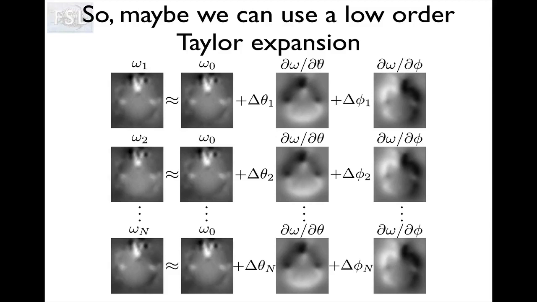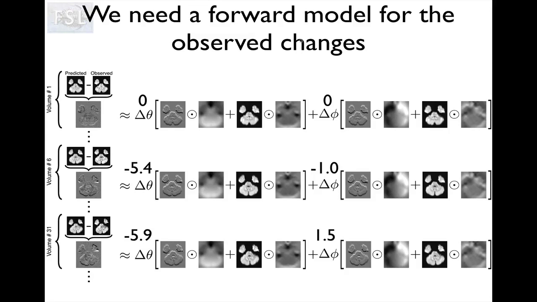Okay, so how then do we go about estimating these two rate of change fields? Well, first of all, we need a forward model for the observed changes. So we set up a model where the observed differences, and this is predicted minus observed, for all the volumes, and as you know, for the HCP dataset, this could be several hundred. For your own dataset, it might be 60 or 100 or something like that.